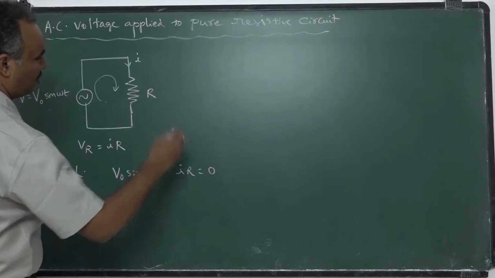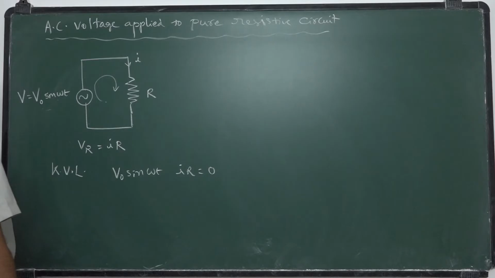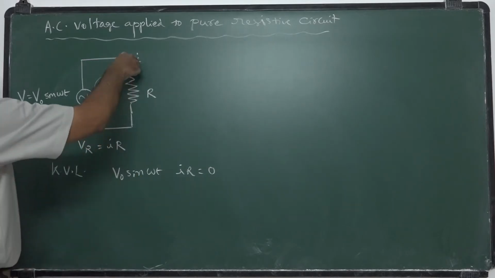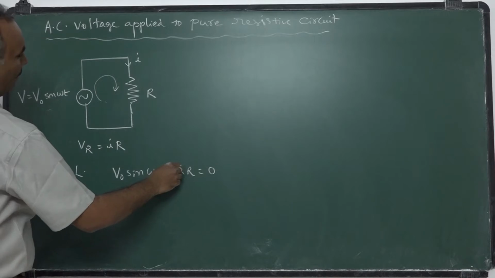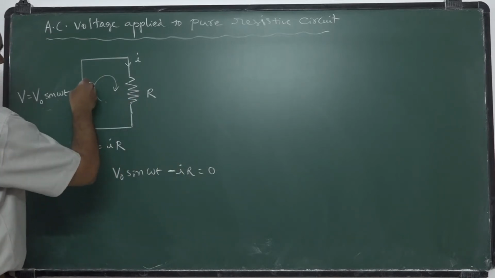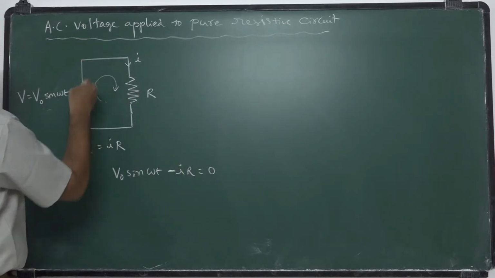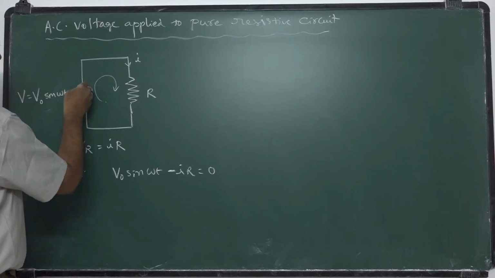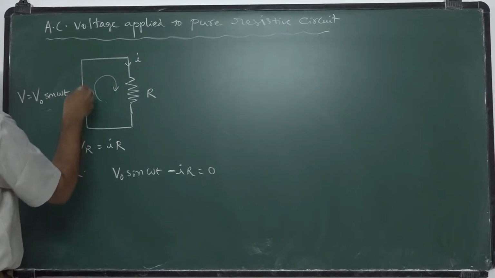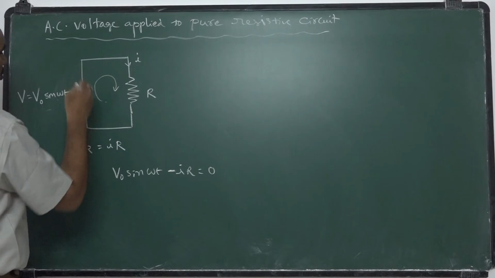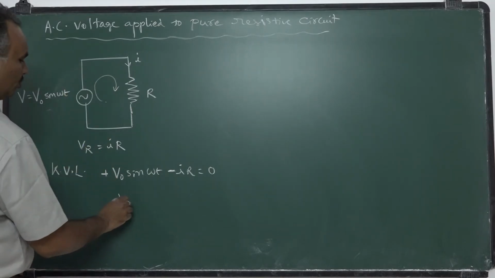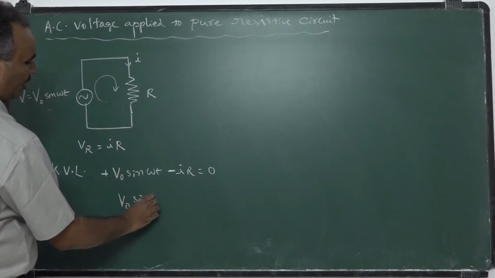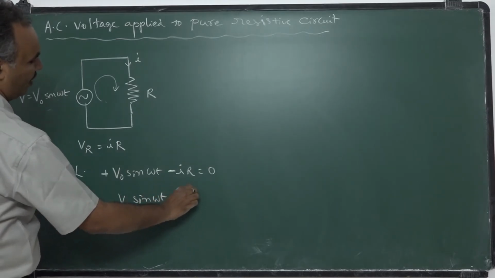As you are going from high potential to low potential, it should be taken as negative. Here we are thinking that current is going like this, so going from low to high potential, it is positive. So V naught sin omega t must be equal to IR.